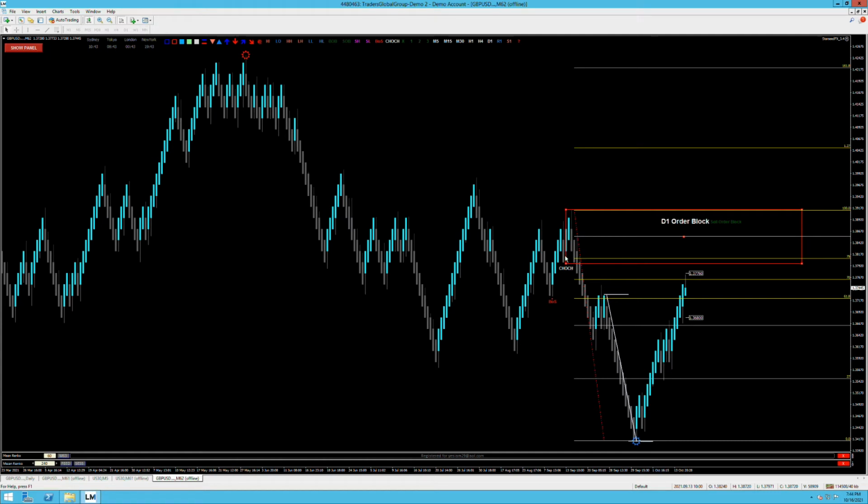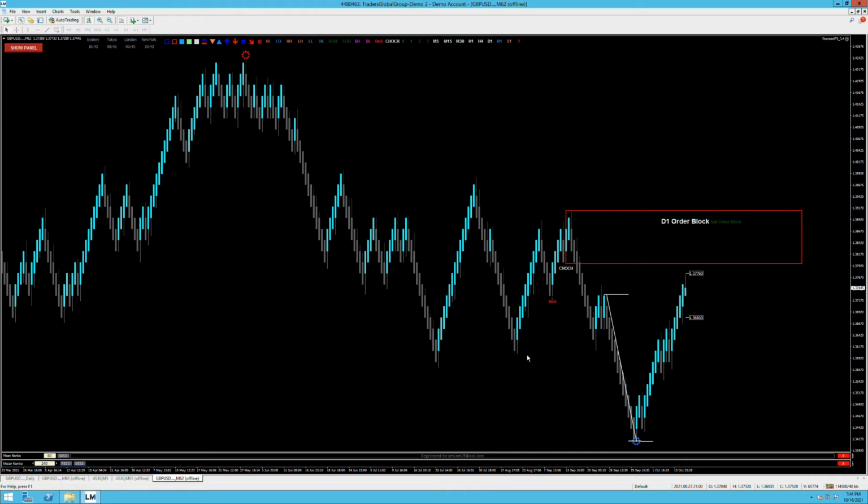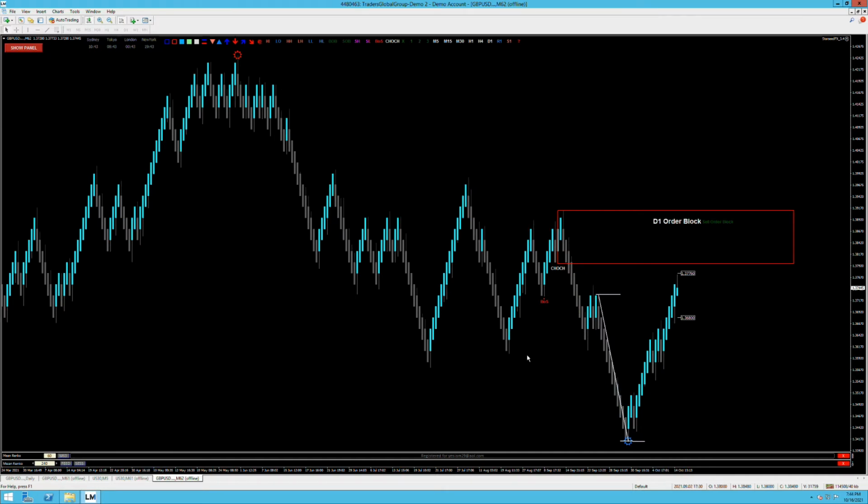Whenever I see wicks as well, that's very big, of course, but once we drop down to lower time frames, we're able to get a better entry. But anyway, let's just say that whole zone itself is what I'm looking at. Once we tap into that, I'm looking for a sell.